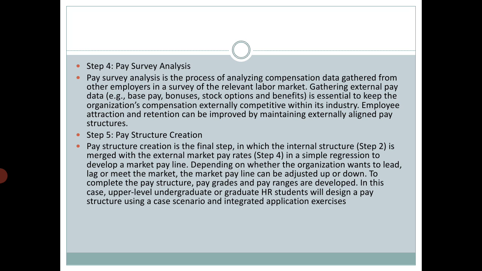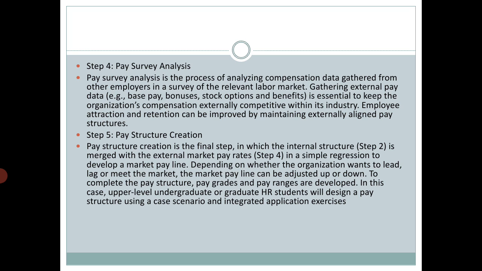Depending on whether the organization wants to lead, lag, or meet the market, the pay line can be adjusted up or down to complete the pay structure. Pay grades and pay ranges are developed.